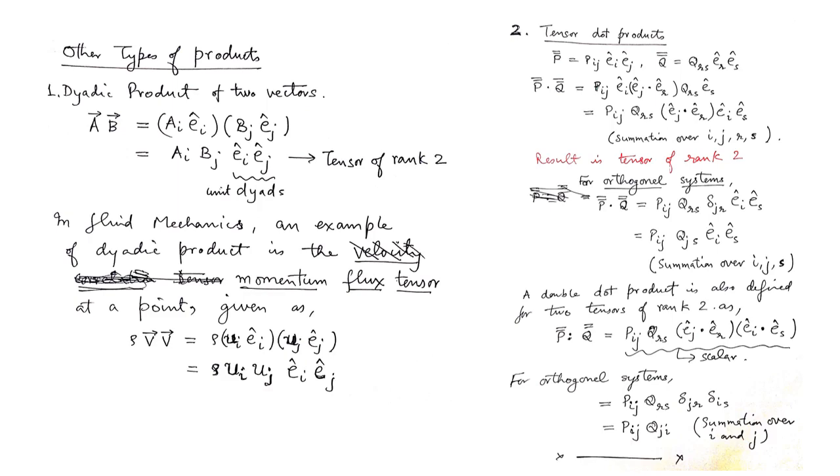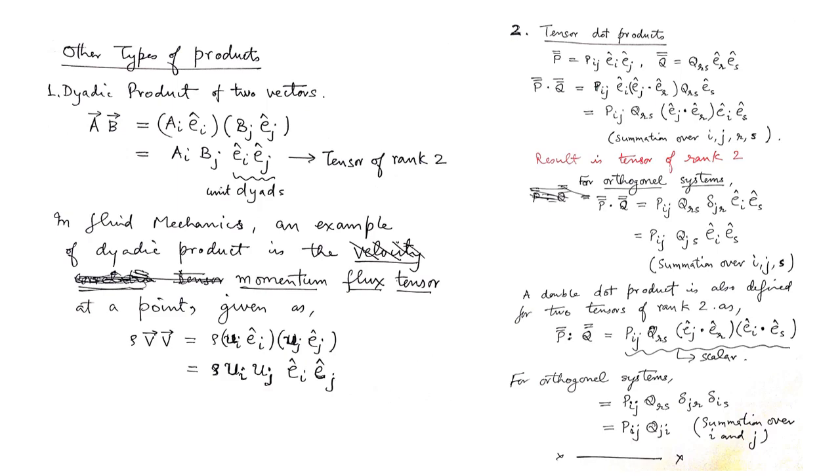So tensors can be reduced into scalars by involving a double dot product. Again, for orthogonal systems, you can replace these dot products of unit vectors by the Kronecker delta symbols, delta jr and delta is. Then for r equal to j and s equal to i, you simply replace s by i and r by j. Otherwise the Kronecker delta just gives 0.